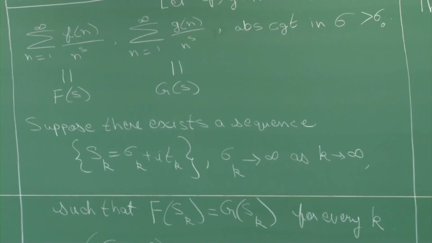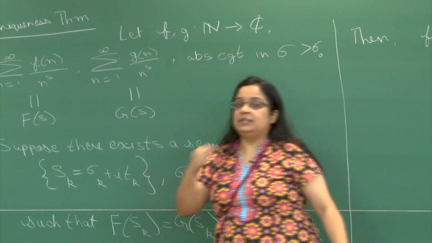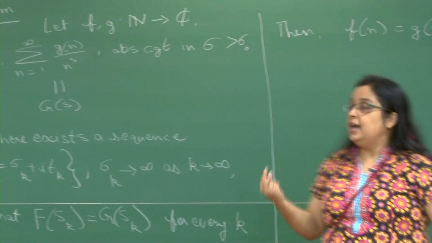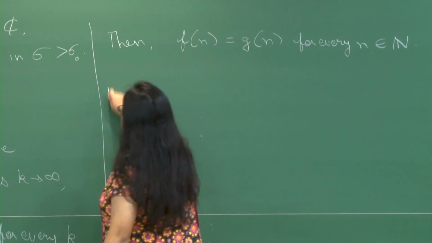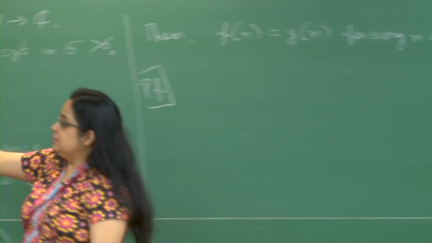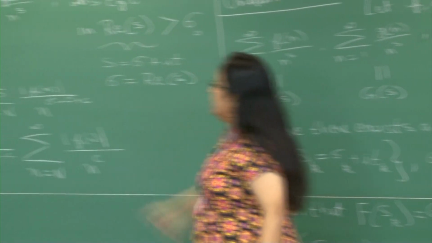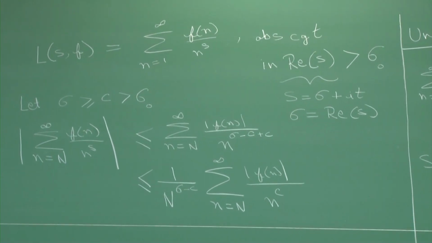That is enough for you to ensure that the corresponding arithmetic functions from which the Dirichlet series were constructed are equal to each other. So, this is called the uniqueness theorem, and this is a very nice consequence of the elementary inequality that we have written here. So, how does this work?